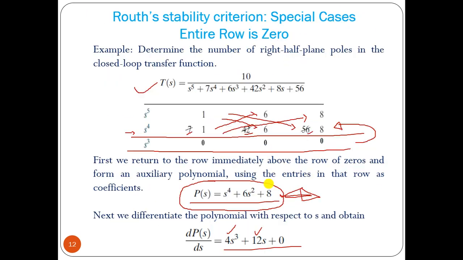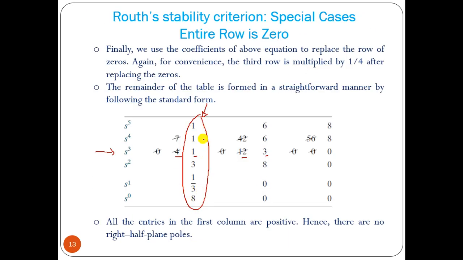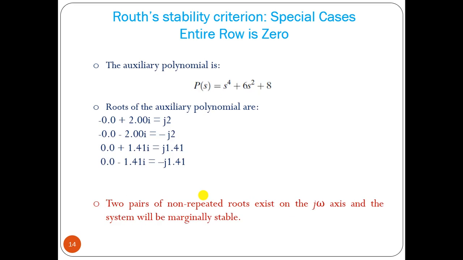From this point we can say there are no roots in the right half plane, so there are no poles in the right half plane because there is no sign change. But now we have to solve the auxiliary polynomial to find the values of the poles.